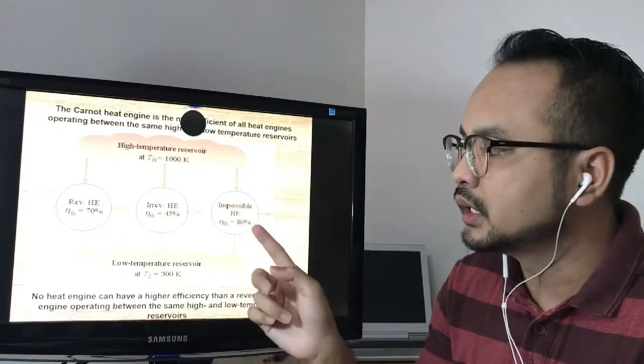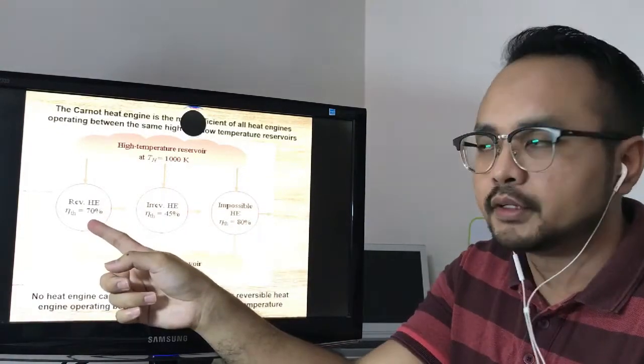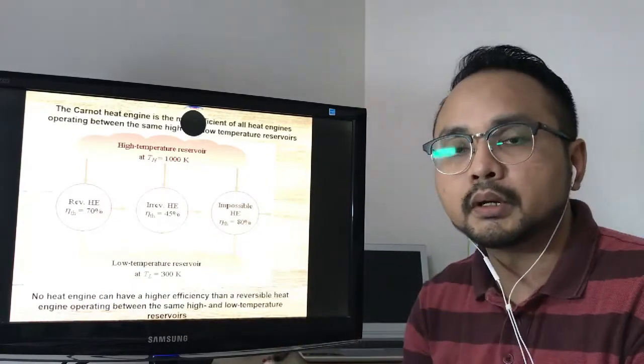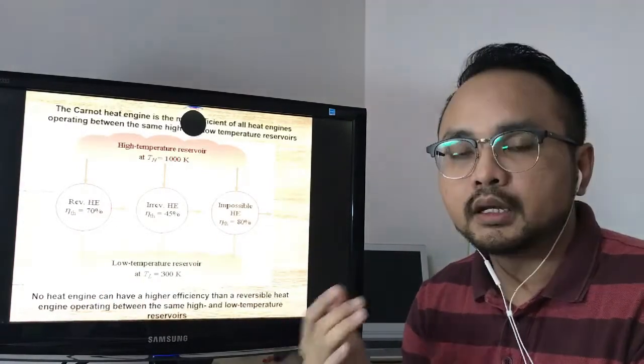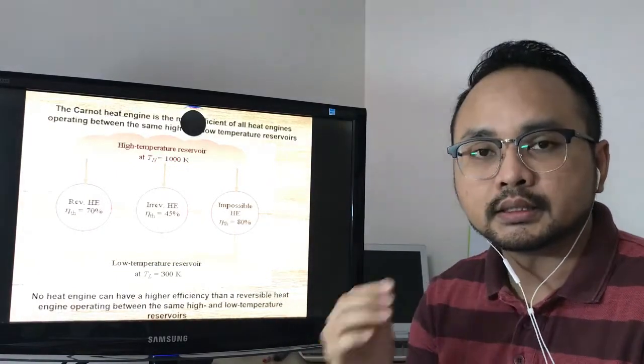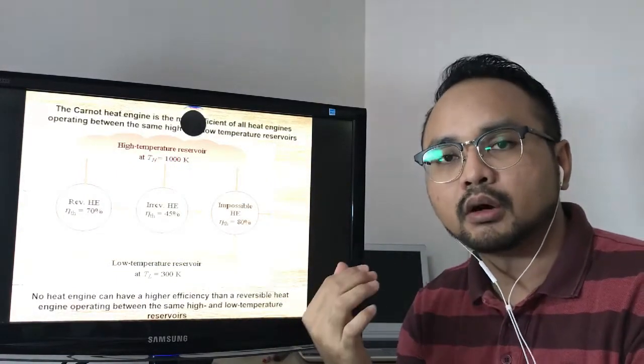If we measure and get more than the thermal efficiency of the reversible heat engine, this is impossible. So the thermal efficiency for a heat engine operated under the same reservoir must not exceed the thermal efficiency of the reversible heat engine.